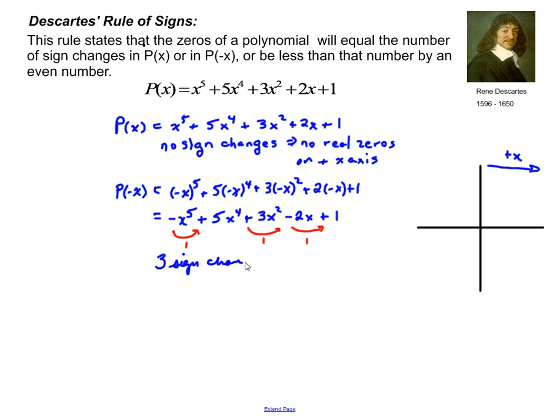And here's what Descartes had to say about that. He said, well, all right, if there are 3 sign changes in your polynomial, it implies there will be 3 possible zeros on the negative x-axis, so off to the left of your y-axis. It implies there are either 3 or possibly 1 negative real zeros.